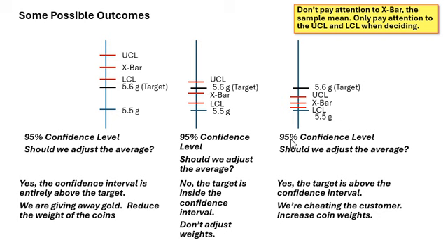One common mistake students make is confusing the x bar and the target. The target is what's important; it's the one we use to decide. X bar is the sample mean, and it has nothing to do with the desired value.